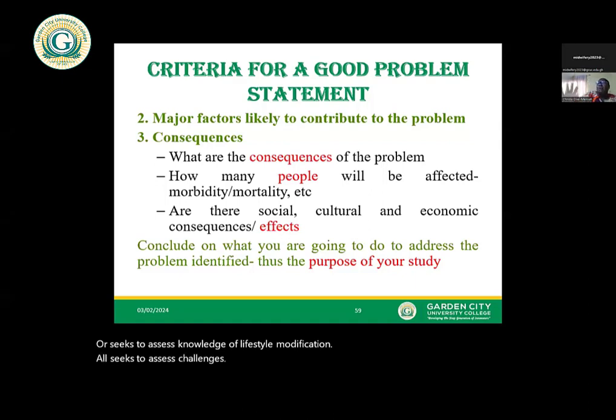And so the moment you say this, it sets the tone for your research, and it brings the focus. It means that you are forsaking all others.